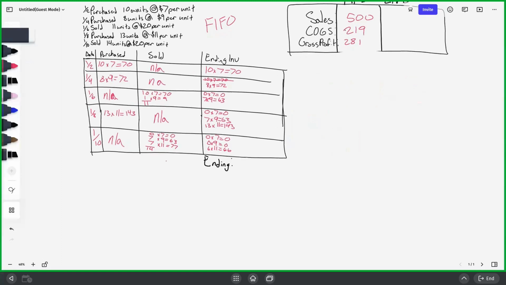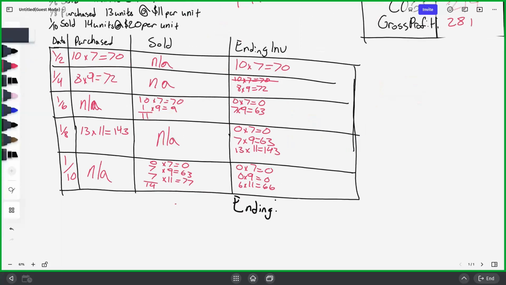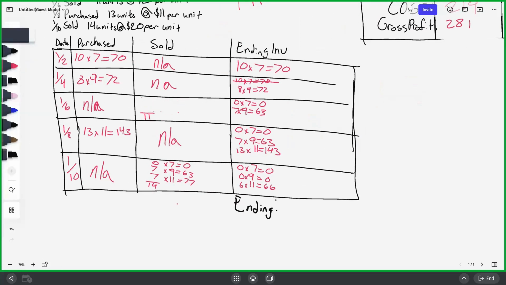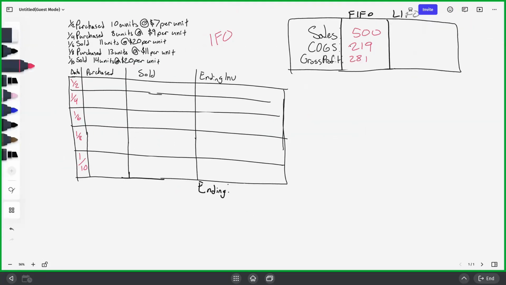Now let's see how well I can erase this stuff. Actually, we'll keep FIFO in red. For fun, we'll make this one blue. All right, I'll give you guys a couple minutes to work through this.